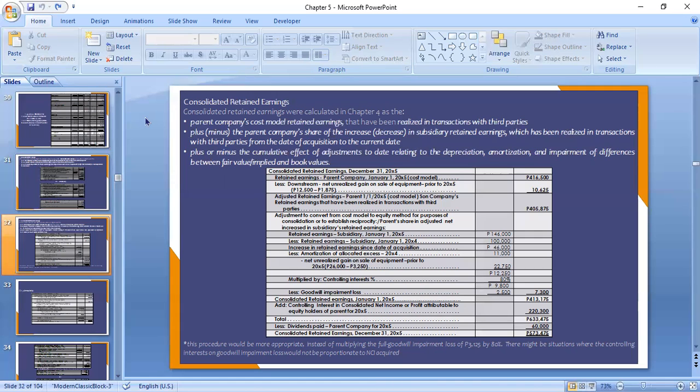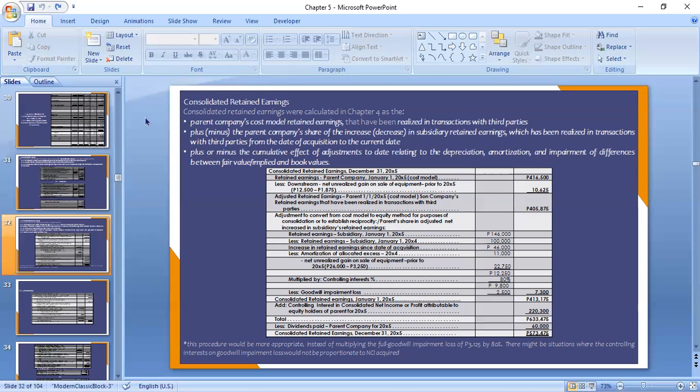Now we have the amount of 26,000 minus 3,250, or 22,750, or a difference of 12,250. And we multiply it by the controlling interest.